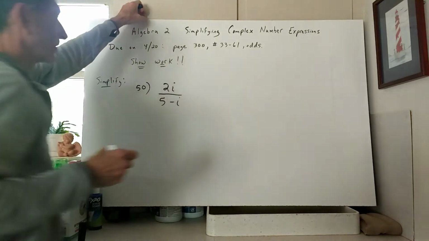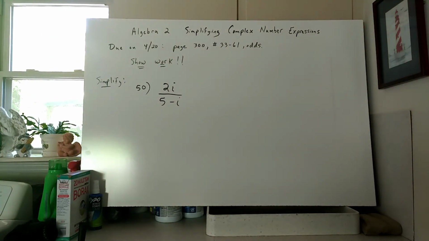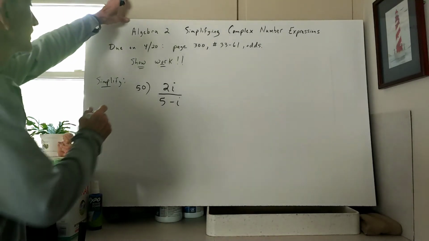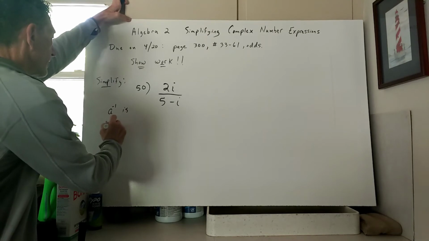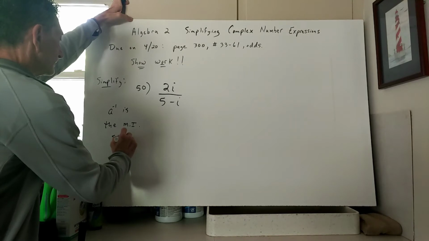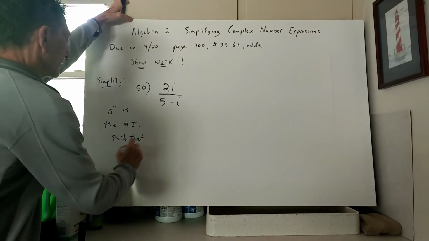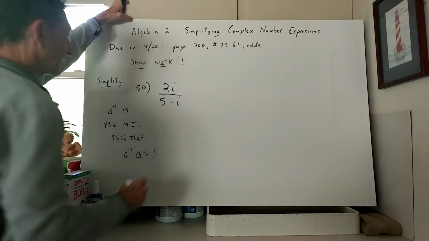And the problem says I want the multiplicative inverse. Multiplicative inverse is what we call a value that when we multiply it by the number that it's the multiplicative inverse of, we get 1. In other words, A inverse is the multiplicative inverse, I'll call it MI, such that it times the original number gives me identity 1.